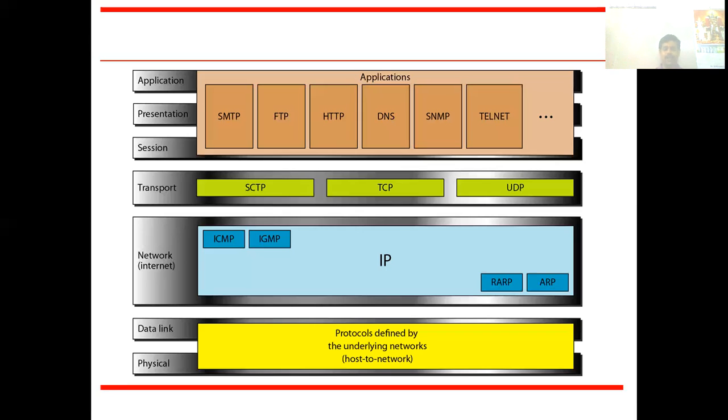These are the three protocols mentioned in the transport layer. When coming to the application layer, the protocols defined are simple mail transfer protocol, file transfer protocol, hypertext transfer protocol, domain name system, simple network management protocol, and telnet.